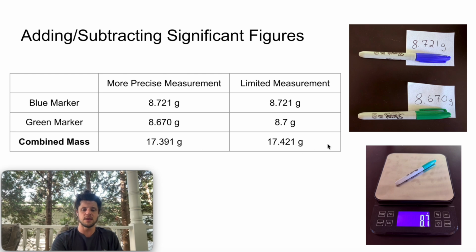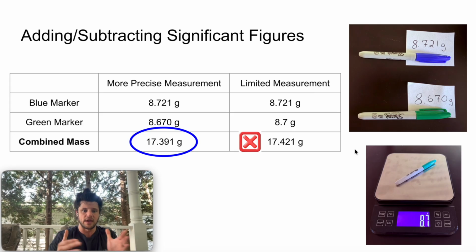So this is not the same number, which is a problem because that means I know this is the wrong number, right? Those two don't match up. However, what can I do with these two measurements right here so that when I add them together, I don't get something that's wrong, but just a little bit less precise, right? Because the problem between these two numbers is that they're two different numbers, right?